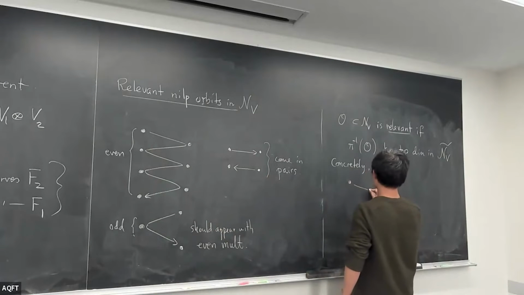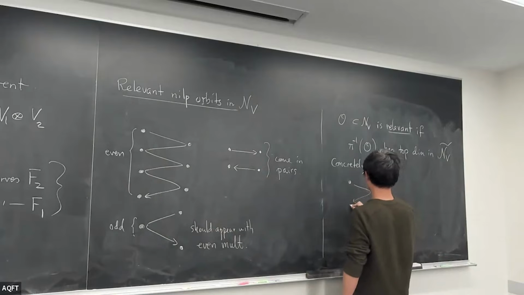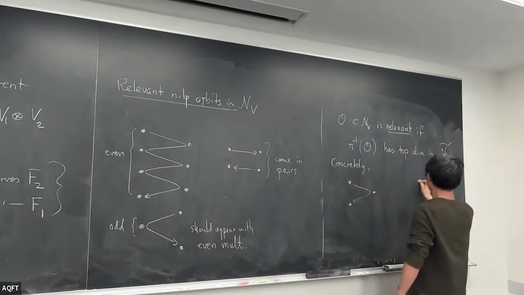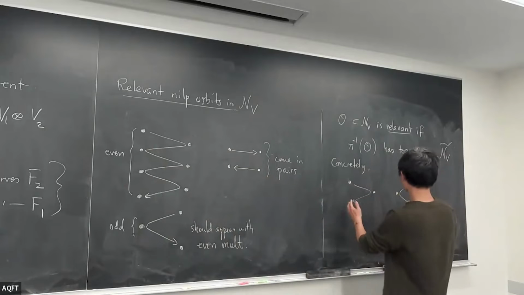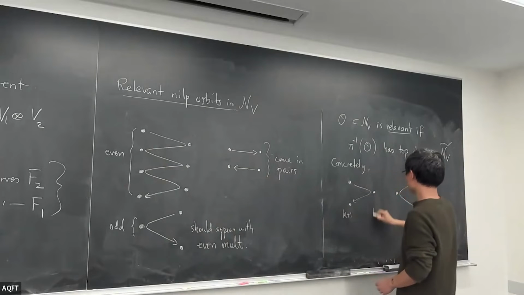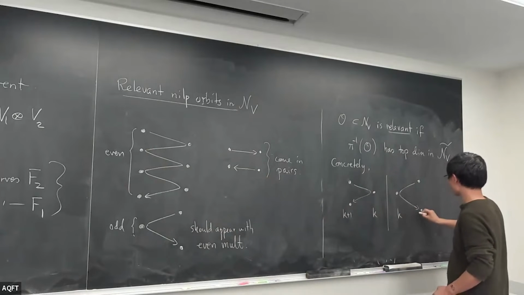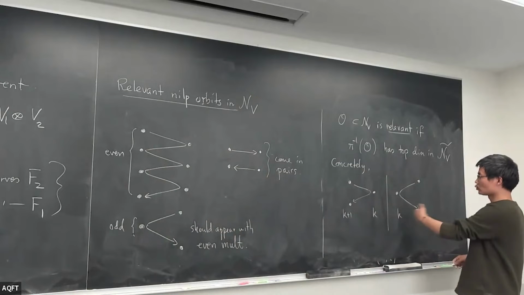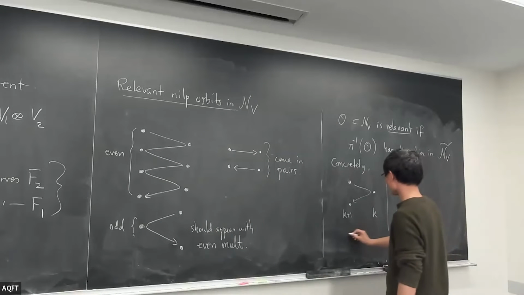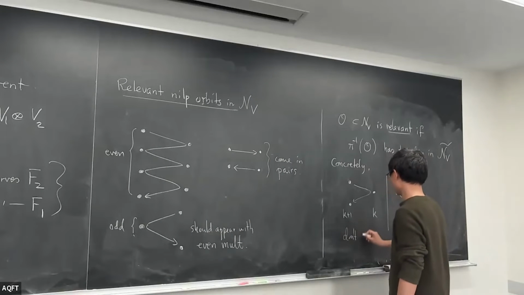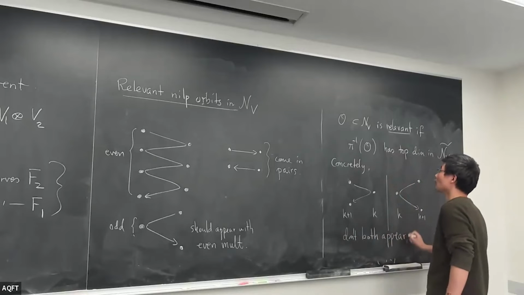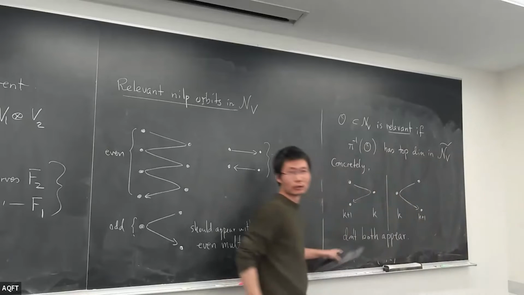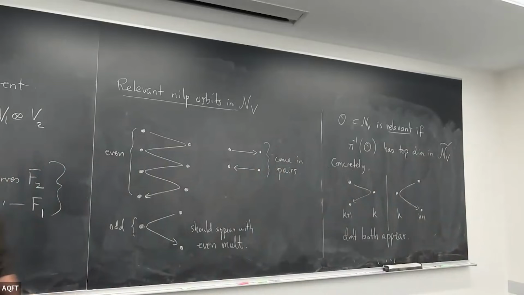That is, if you have this kind of zigzag and this kind of zigzag, the same size, but sizes switched, these two kinds of Jordan blocks don't simultaneously appear. That's the only extra requirement.